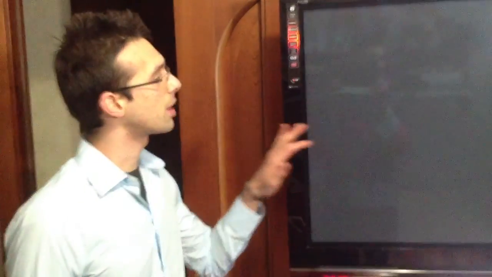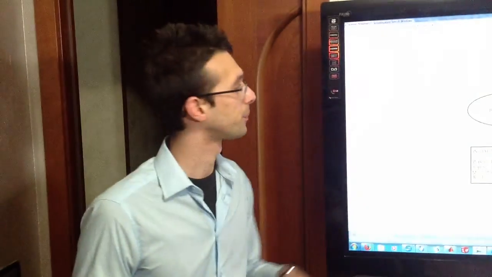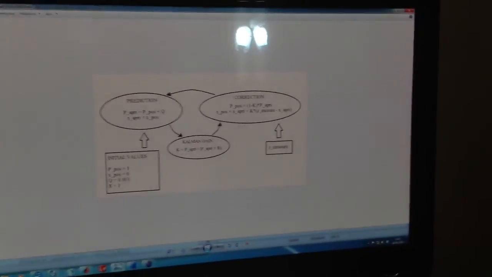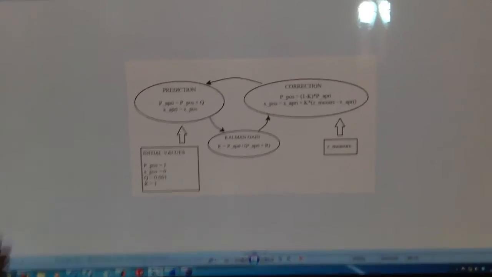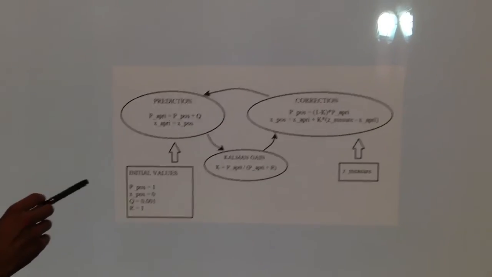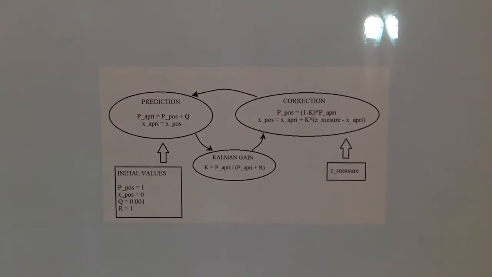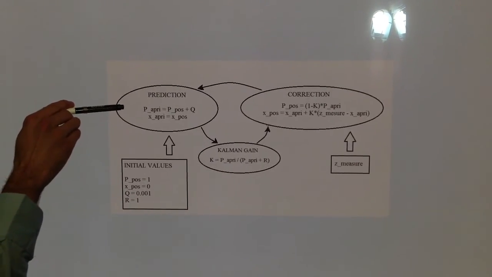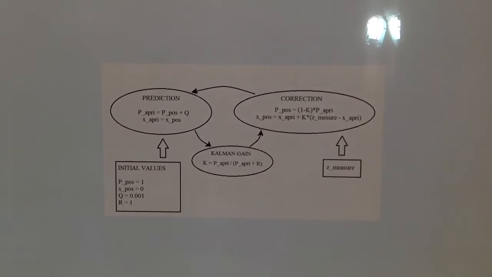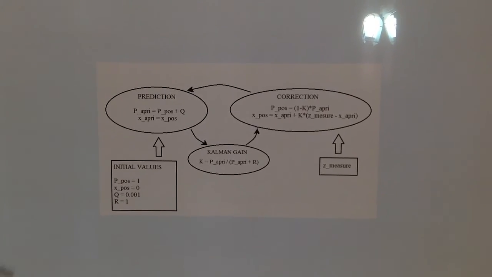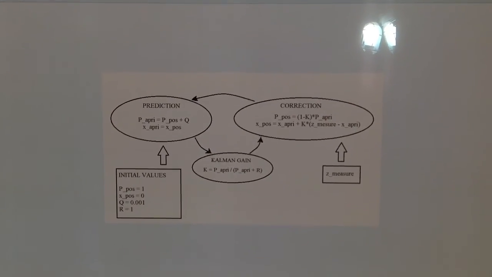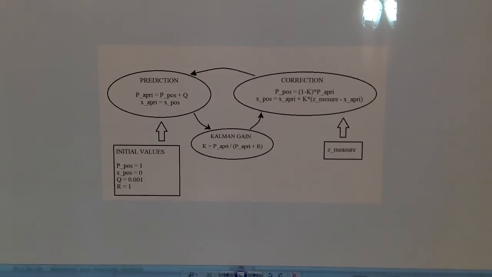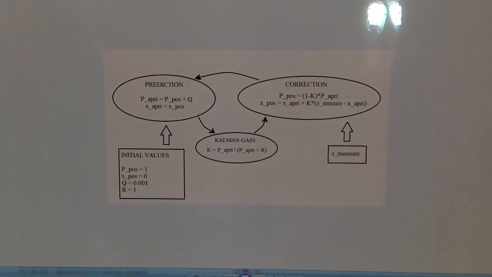Okay, now let's see something about the algorithm. From the knowledge of the variance of the measure and the process, and the last step covariance and estimate measurement, we can do a prediction, a priori covariance and a priori measure estimate.